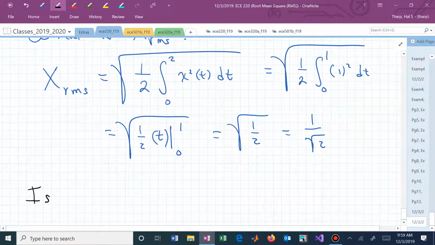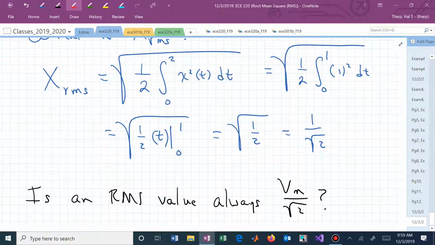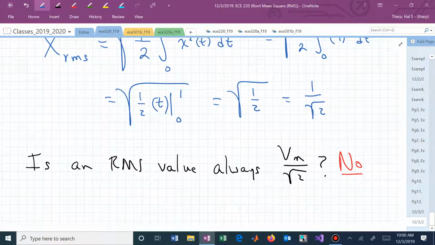And so now you might be saying or thinking, is an RMS value always going to have this form, v sub m over the square root of 2. What's your guess? Unfortunately, no. So you can't just immediately write down your homework answer necessarily, but maybe we'll help you with that if we can get through that.